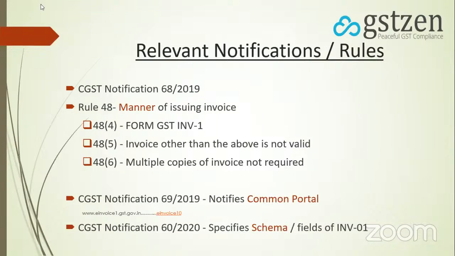So if your turnover has passed 5 crore in any of the previous financial years, that means since GST has been implemented in 2017, if since then your turnover has passed 5 crore, even for 1 year, you are eligible for e-invoicing. So let's say your turnover passed 5 crore in 2021, but after that, it has remained below 5 crores. Still, you are eligible for e-invoicing and you have to implement it.